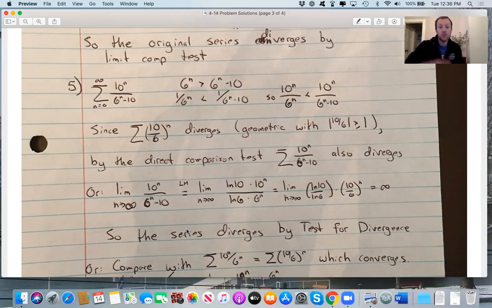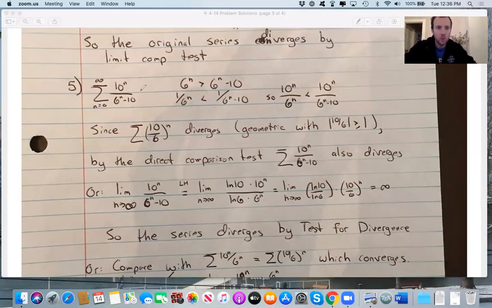There are 3 different ways that I'm doing this problem. In the first case, we're going to do a direct comparison. And this is something where the inequality has to go just the right way, so sometimes it doesn't quite work the way you want it to.